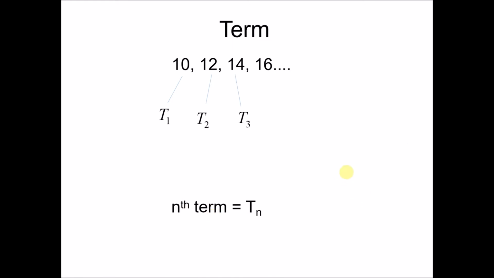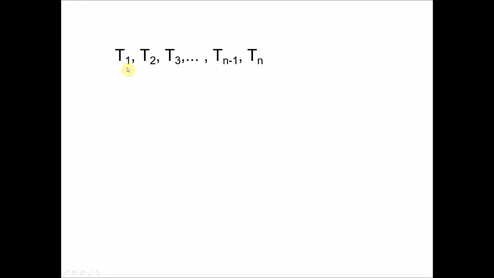After you understand the common difference and the meaning of terms, we look at this given sequence. We want to relate this now with common difference. In order to find the common difference D, we can determine the value of D by taking the second term minus the first term, which is T2 minus T1.